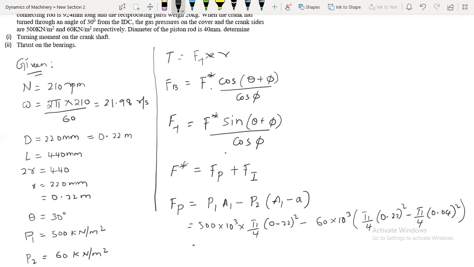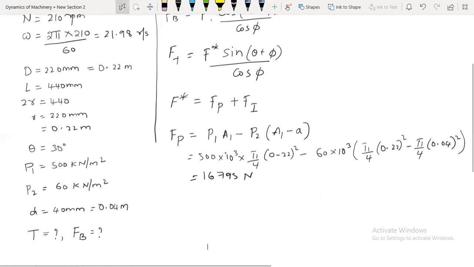So when I simplify this, I'll get the Fp value as 16795 newtons. Okay, that is the value of Fp.